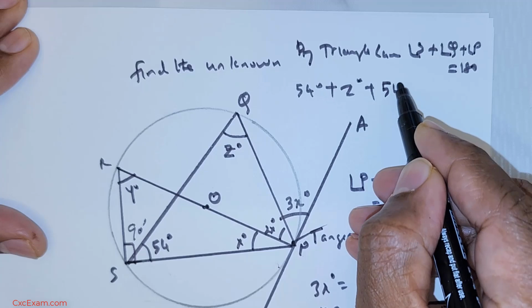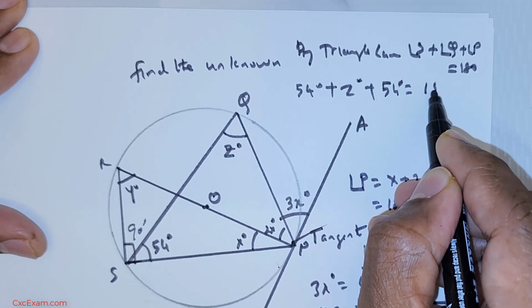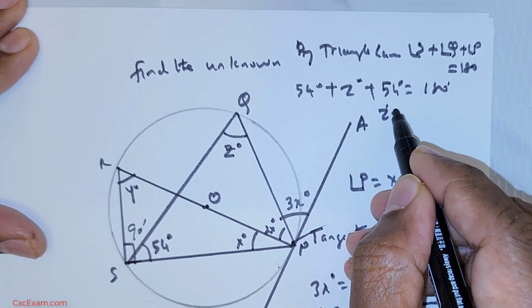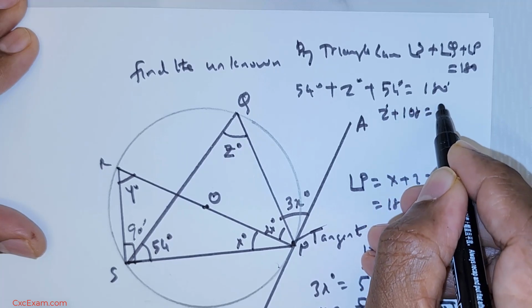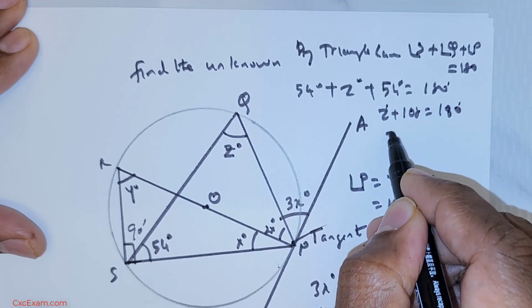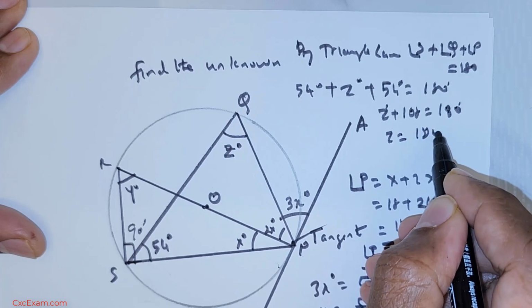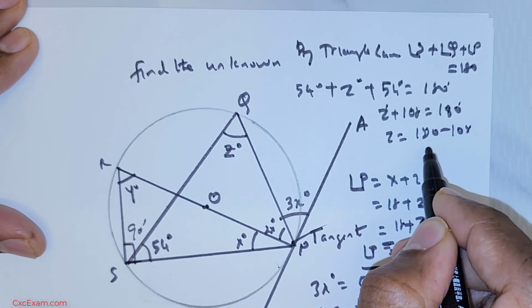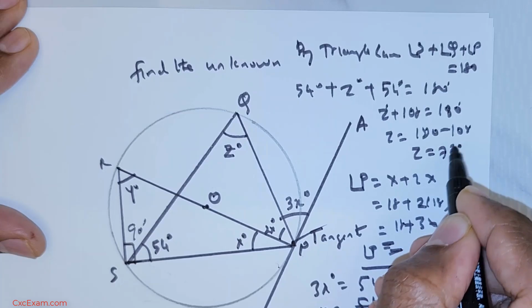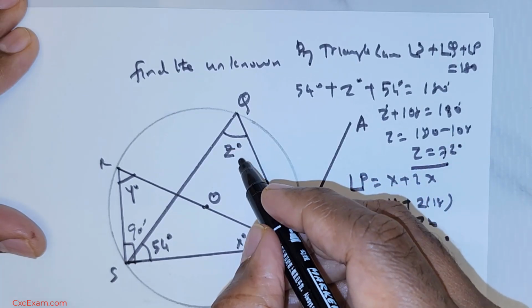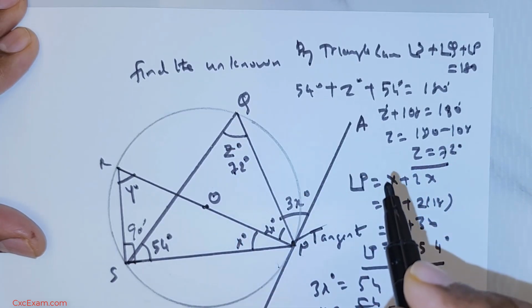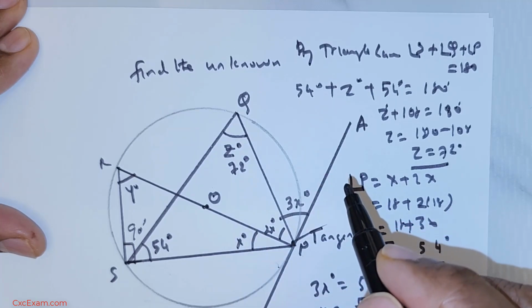So this is also 54 degrees. This is equal to 180. So z plus 108 is equal to 180. So z is equal to 180 minus 108. That means z is equal to 72 degrees. So this is 72 degrees also, right?